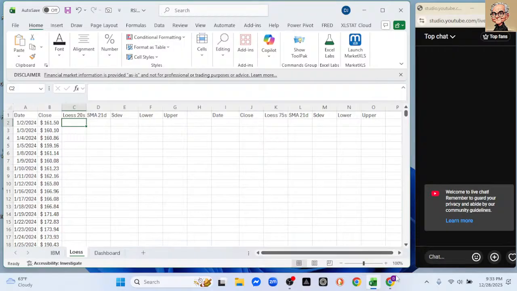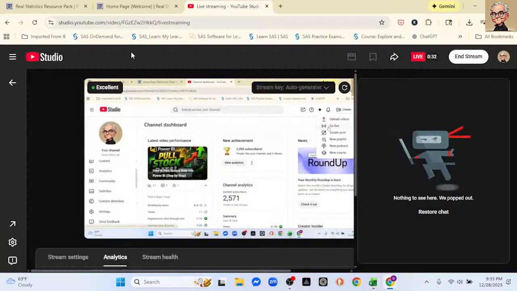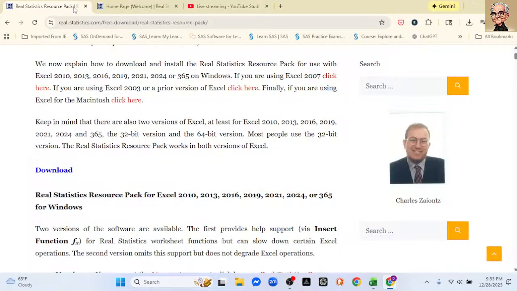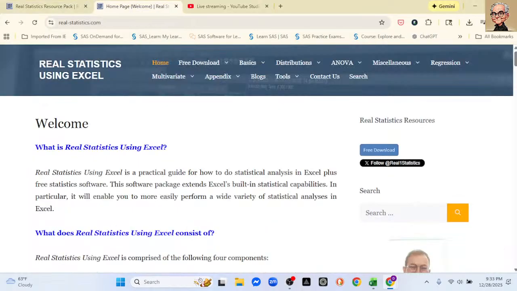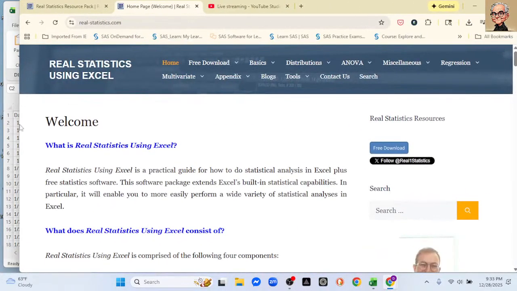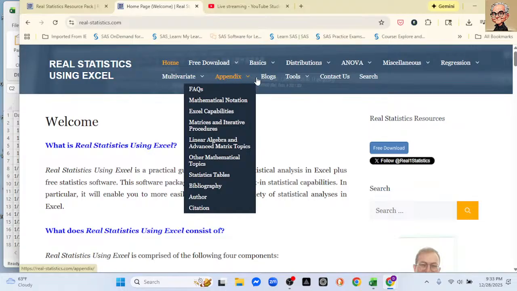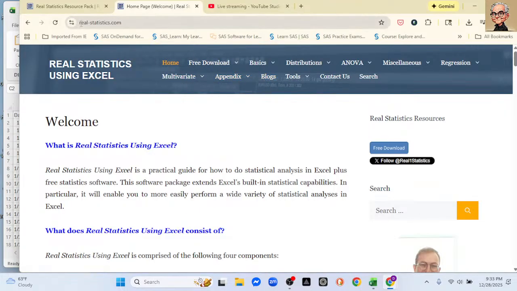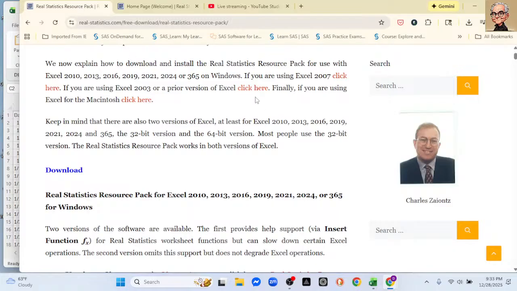Now, in the interest of full disclosure, I will tell you that the Loess function is not part of Excel. But the good news is it is available for free at this site called realstatistics.com, and I'll include the link to where to go to download it.